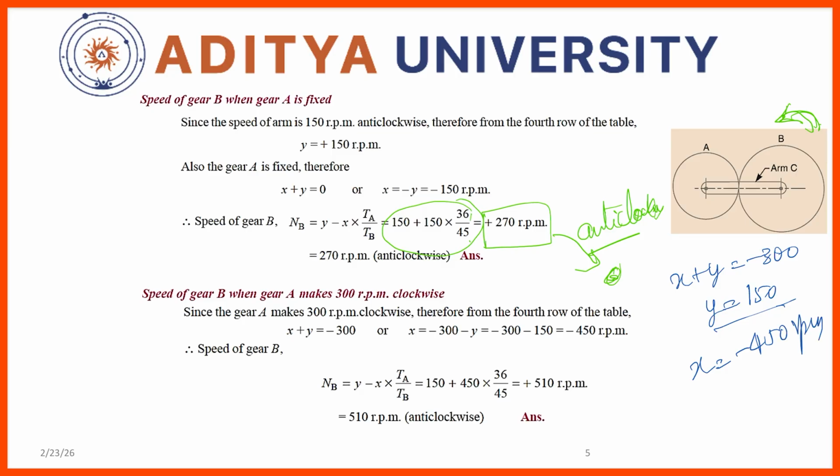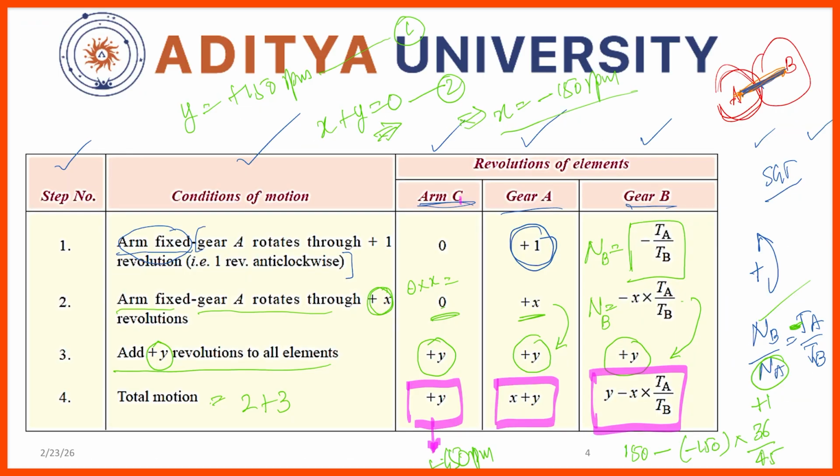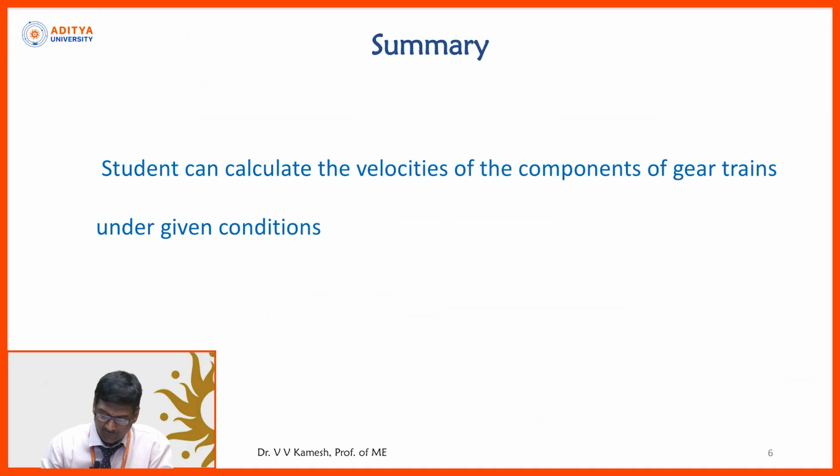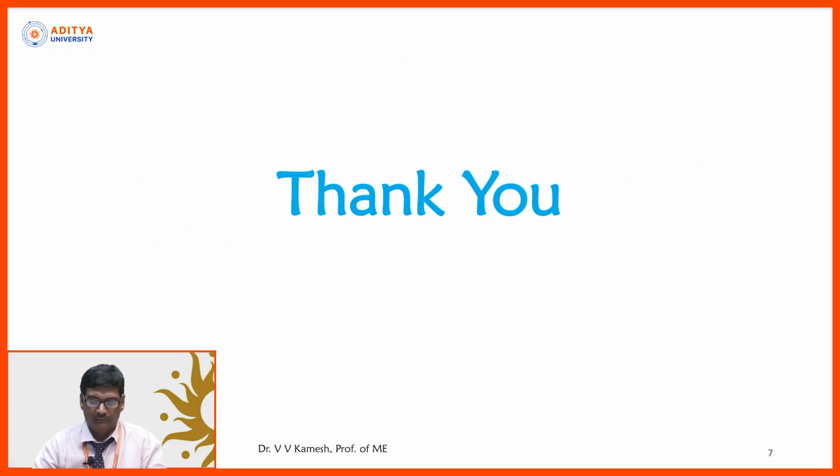Then NB will become 510 RPM anti-clockwise, right? You need to read the problem carefully, whether it is clockwise or anti-clockwise. The same problem you can find in two different ways. So the summary of this lecture is that the student can calculate the velocity of the components of the gear trains under given conditions. Thank you.